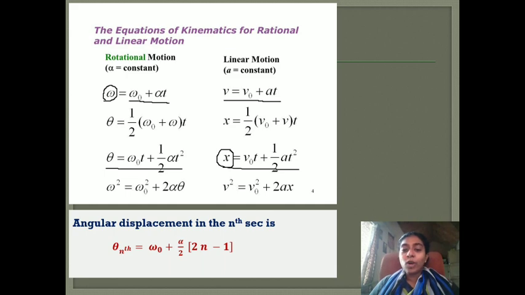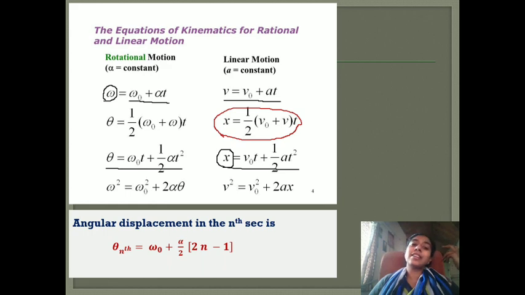Same way we have one more equation, which is easy to remember. Linear displacement is equal to the average of the initial and final velocity into time.